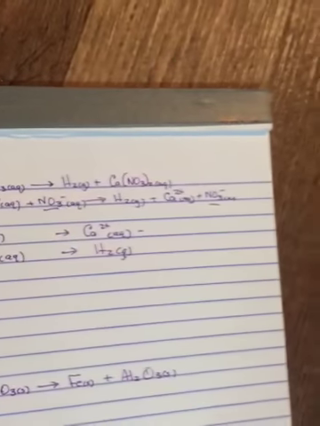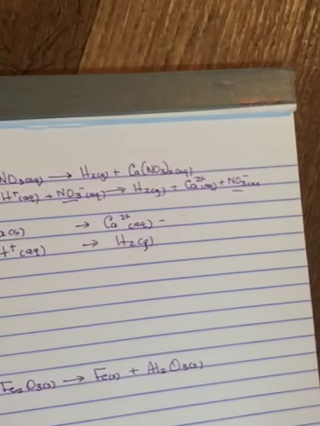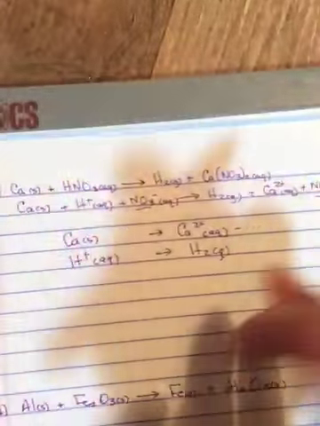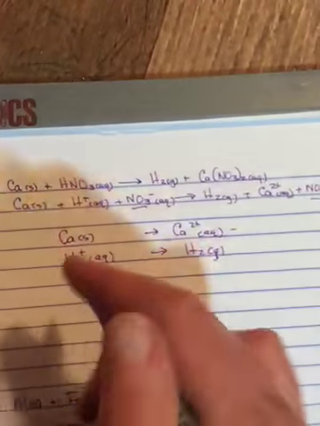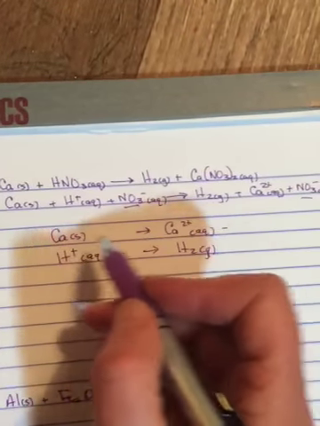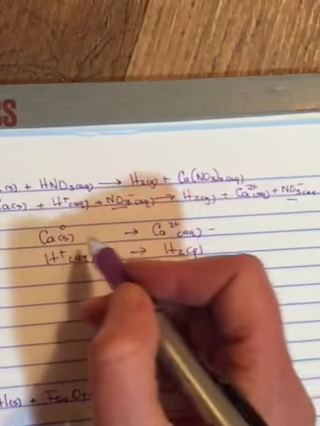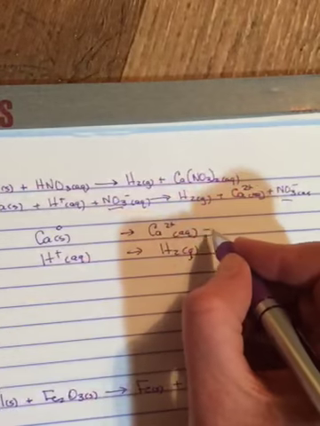Okay, so the next step is to figure out what are we adding, how many electrons to which side. So we have Ca solid, it's 0, it goes to 2 positive, so it must have lost electrons.